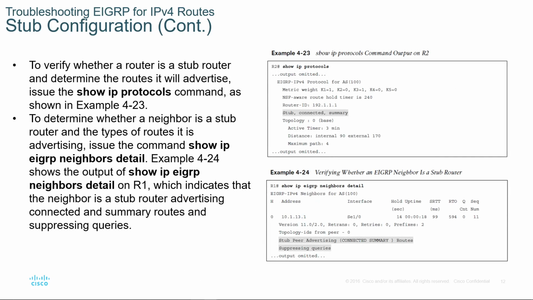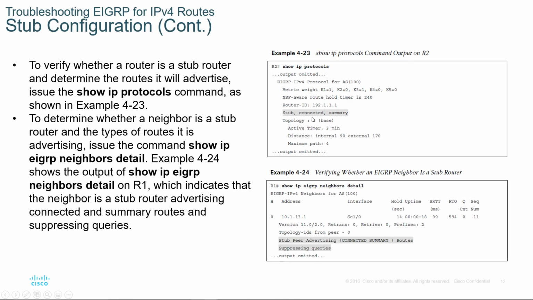So understanding how stub configurations work, you'll be able to troubleshoot the associated route population through the rest of the network. And how do we confirm something's configured as a stub router?